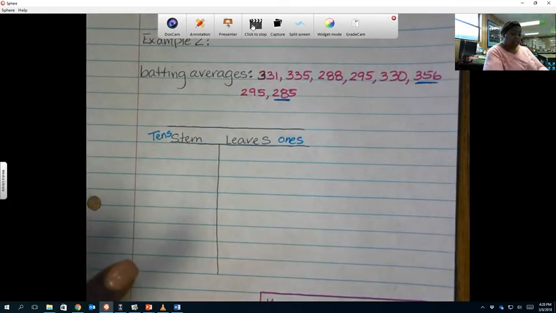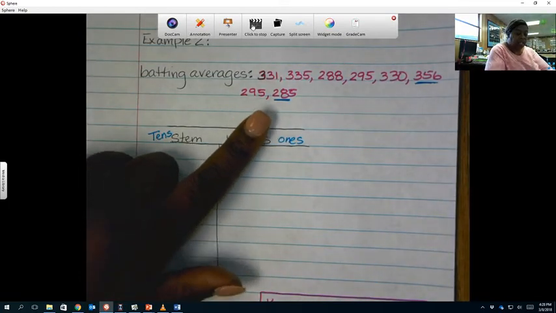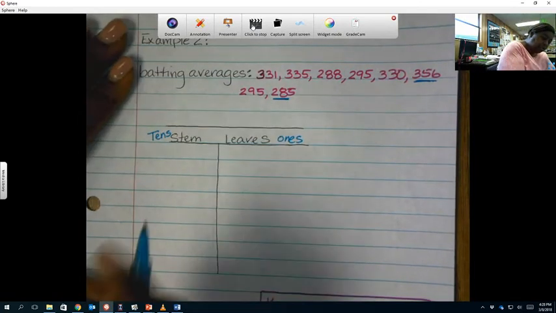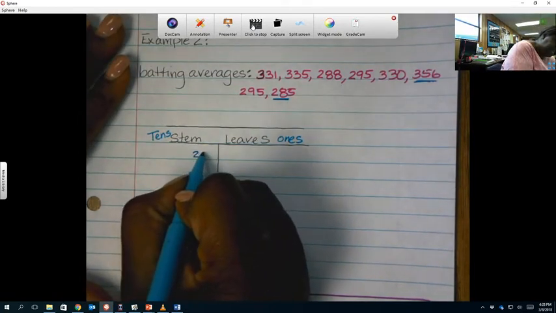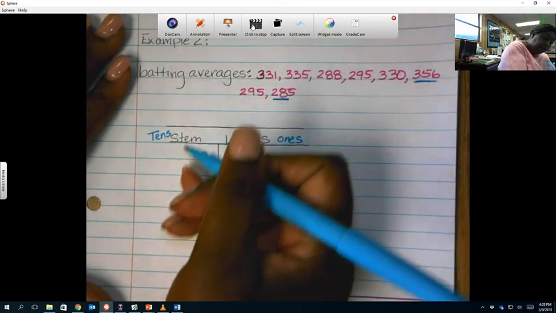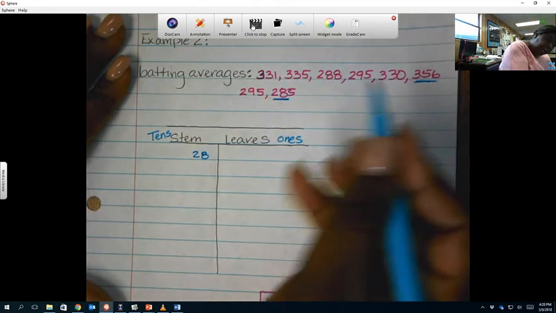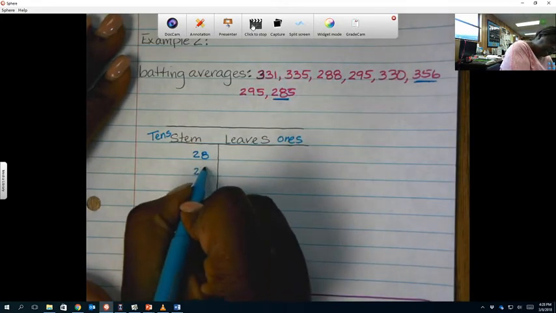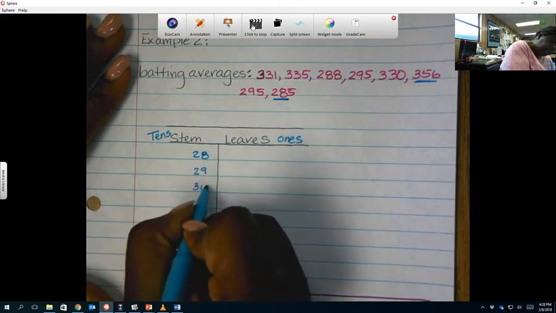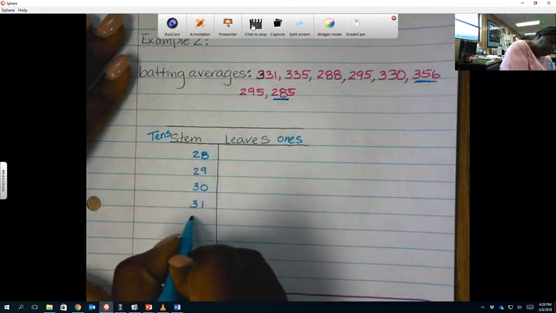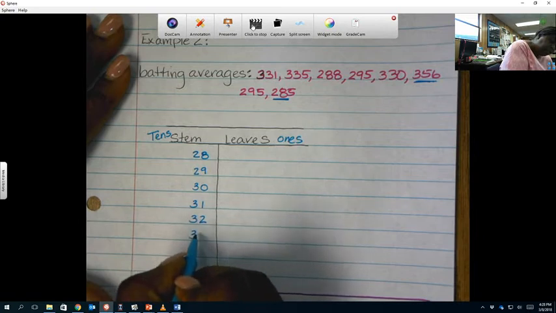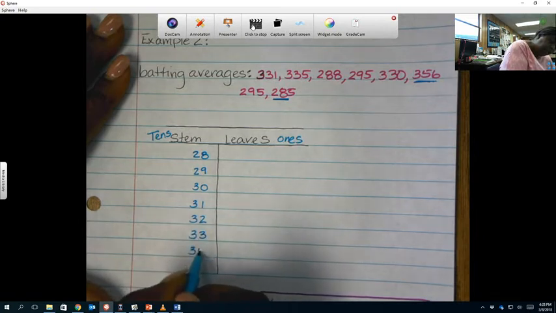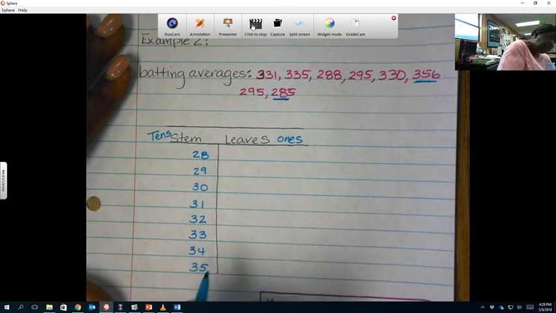Instead of doing 2 tens, it's going to be 28 tens. So I'm going to start my stem with 28 tens, and keep going until I get to 35 tens. So 29, 30, 31, 32, 33, 34, and 35.